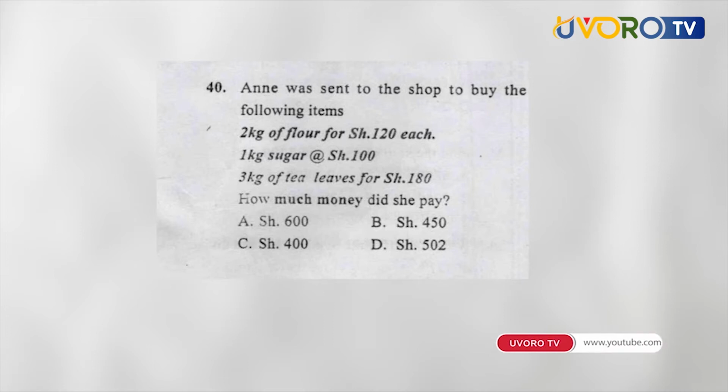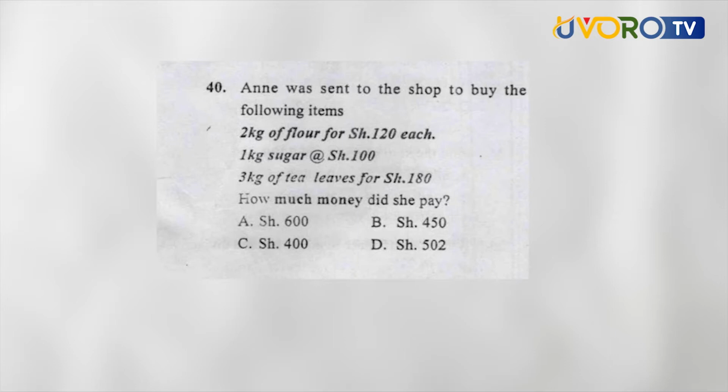The first item that Anne bought was 2 kilograms of flour. That was 4 shillings 120 each. Another item that this person bought was 1 kg of sugar. Each was costing shillings 100.